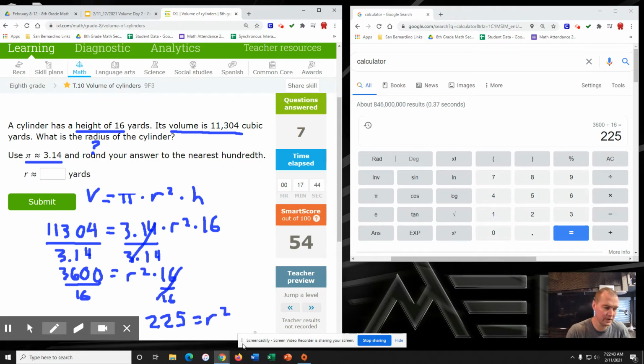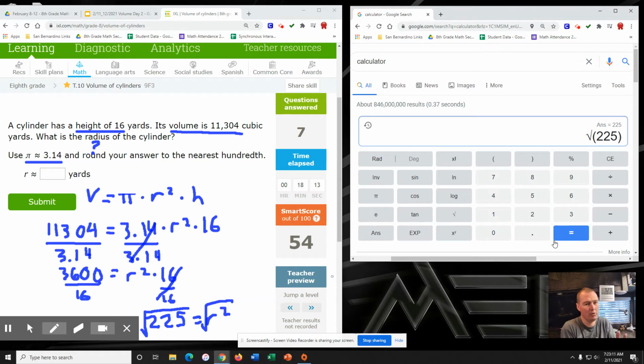Ooh, almost done. And the opposite of r squared is something called the square root. So what happens is the square root cancels the square. Instead of going r times r, the square root says, well, what gives you r when it's r times r? So square root of 225 in my calculator here, the square root button is underneath the log button. So square root 225, if you want to, you can close the parenthesis.